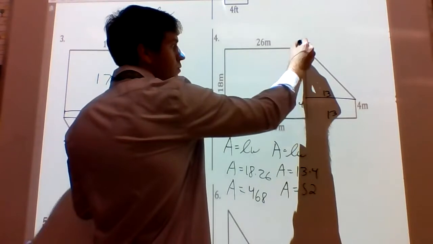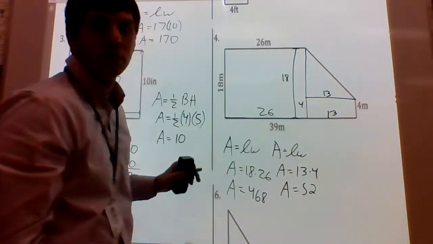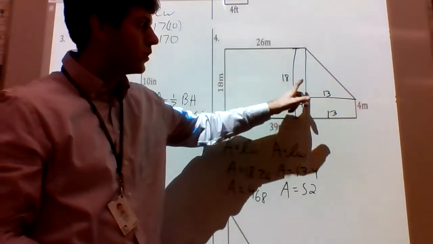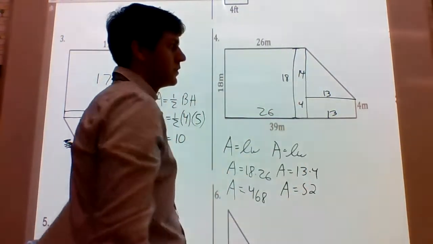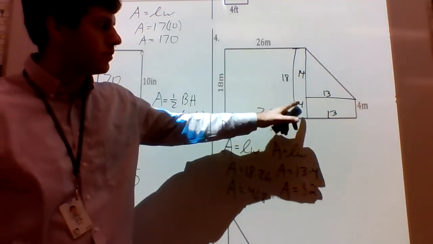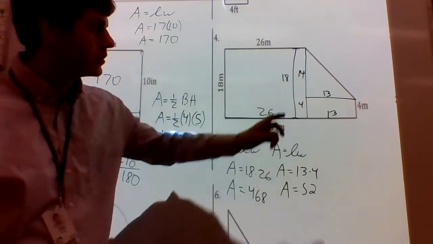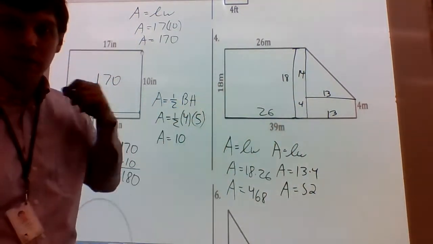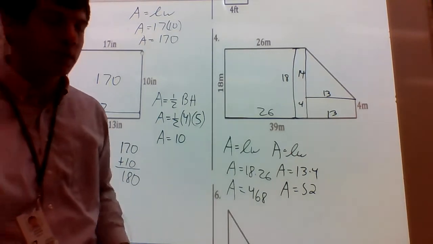From here to here is 18. 18 minus 4 is going to give us this piece, which is then going to be 14. So 18 minus 4 is 14. So these two have to add up to 18. So the base is 13, the height is 14.